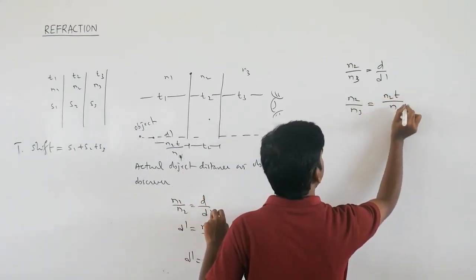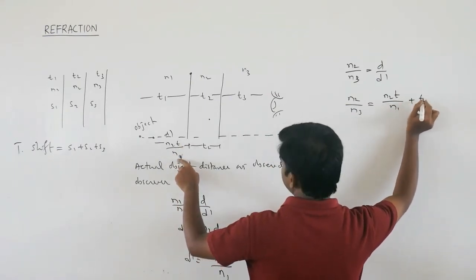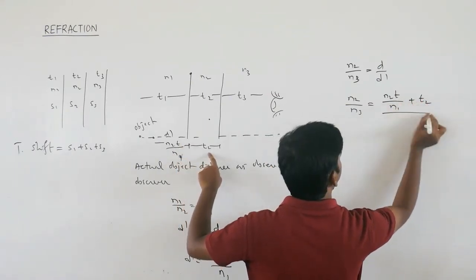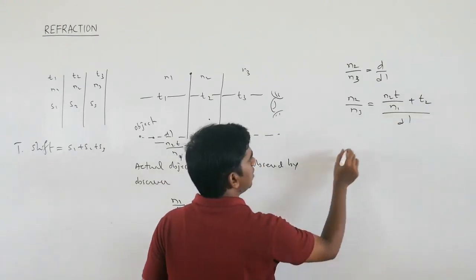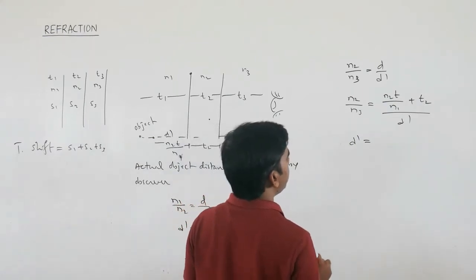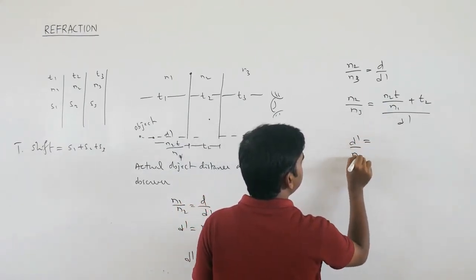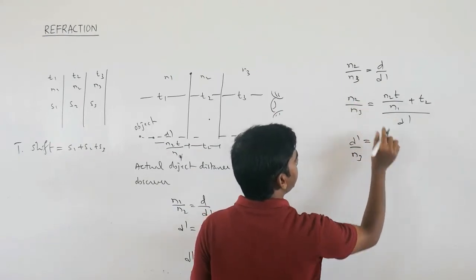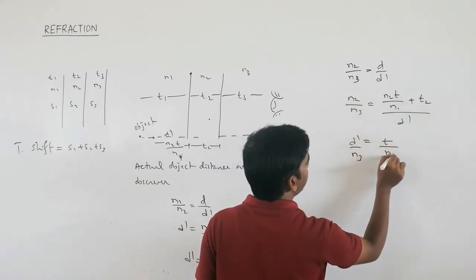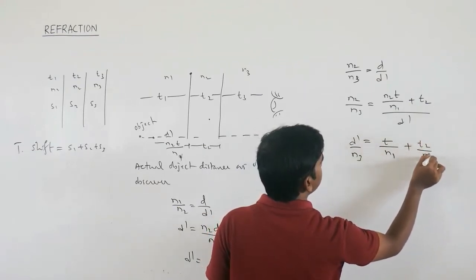So we can write N2 divided by N3 equals N2T divided by N1 plus T2, all divided by D dash. So D dash equals, N2 cancelled, N3 times T1 by N1 plus T2 divided by N2.